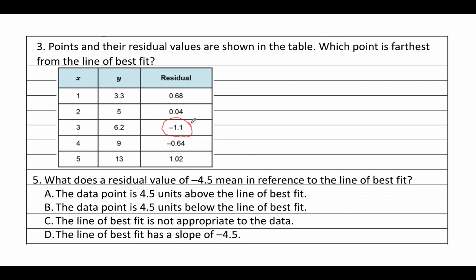Yes, it is negative 1.1, which technically is the smallest value, but because we're looking at the magnitude, or the absolute values, this would be a positive 1.1, which is greater than a positive 1.02. So that point is 3, 6.2.